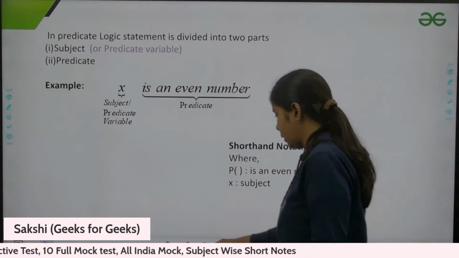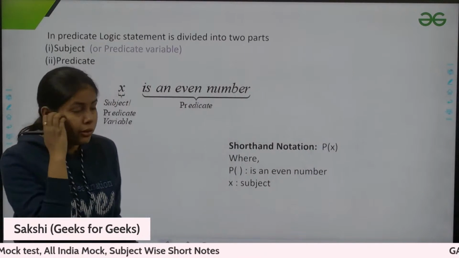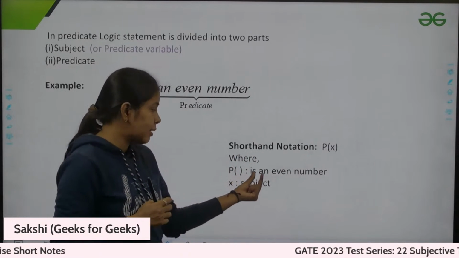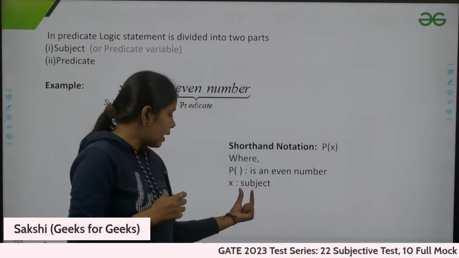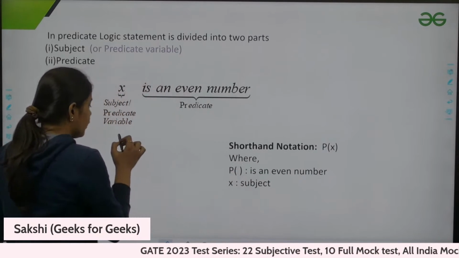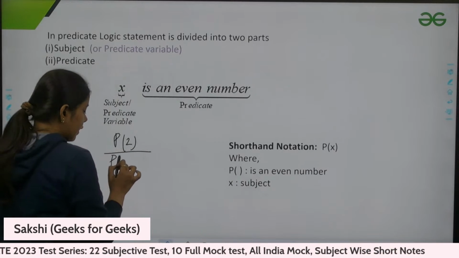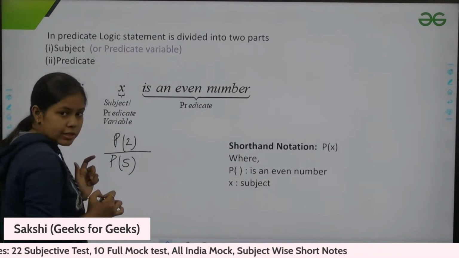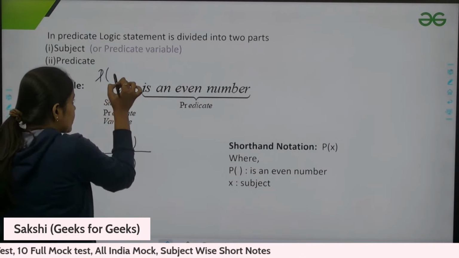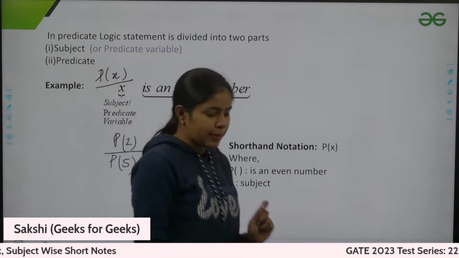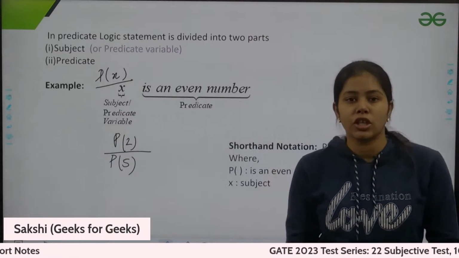One important thing here is that I can denote this as P of x, where P and these brackets imply that it is an even number, and x is the subject. Let's suppose I take P of 2, that means 2 is an even number. If I have P of 5, that means 5 is an even number. If I take P of x, that means x is an even number, right? That's how we give the notation to a predicate.